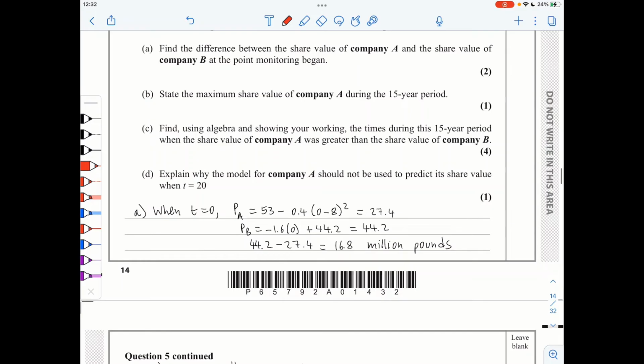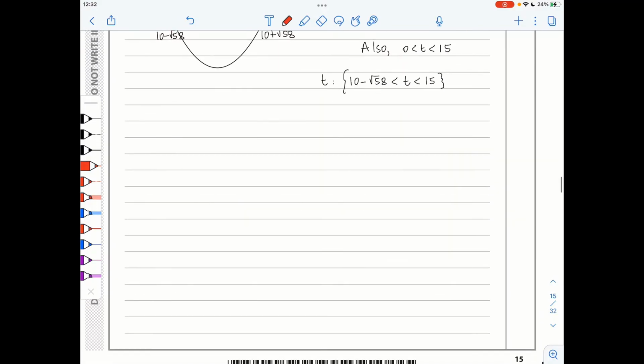And then D, explain why the model for company A should not be used to predict the share value when t is 20. Well, what we could do is say that when t is 20, if I substitute into P of A, I get 53 minus 0.4 brackets 20 minus 8 squared, which is minus 4.6, which is less than 0, so not valid.